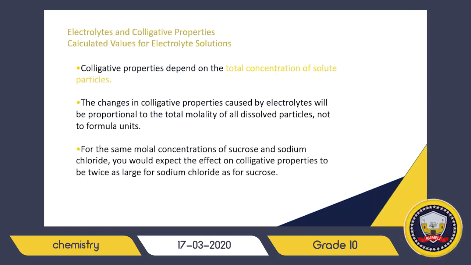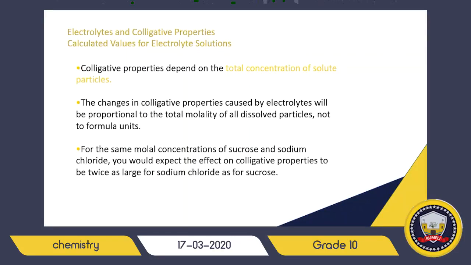So colligative properties depend on the total concentration of solute particles, as we said, and not on the identity of the particles. The changes in colligative properties caused by electrolytes will be proportional to the total molarity of all dissolved particles, not to formula units as we described before.